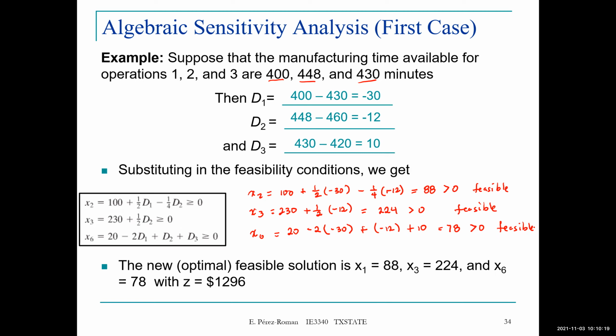With those availabilities, that is the optimal solution. Okay, so if you compare the optimal solution with the original one, the changes that we made to the availability of the resources is impacting how many units you can produce, right? So let's go back to this one.